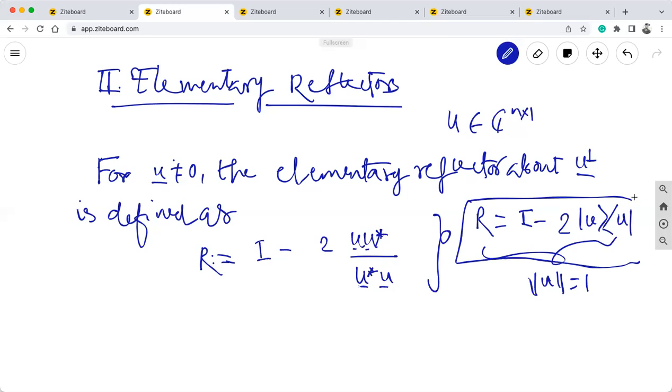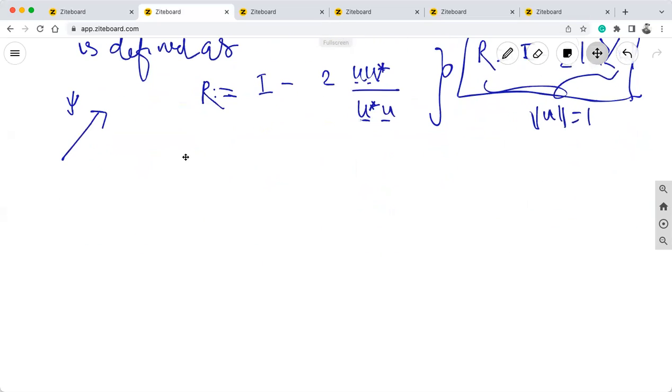Projectors are also very important because suppose you have some unknown quantum state psi. You don't know the phase or some other information of this quantum state.